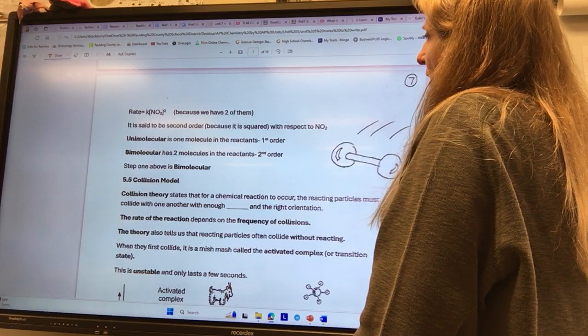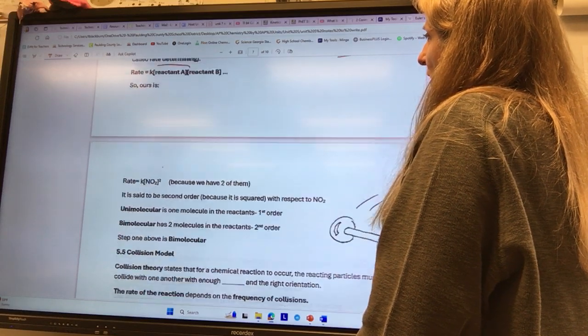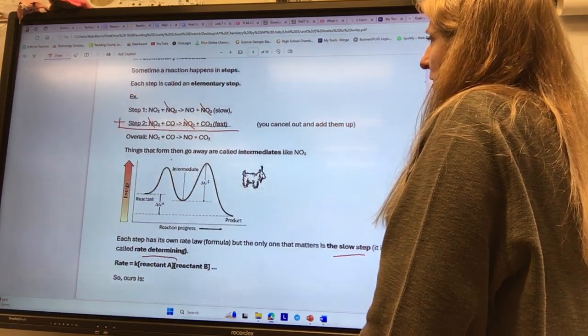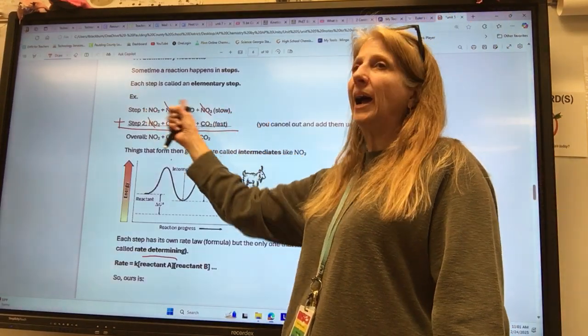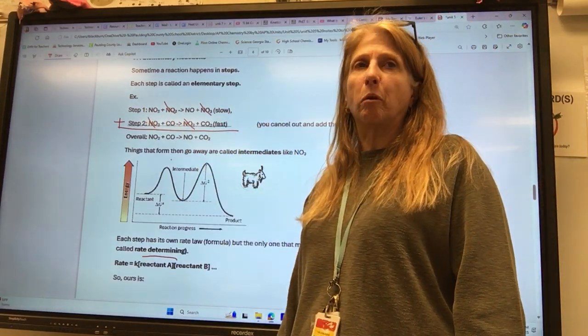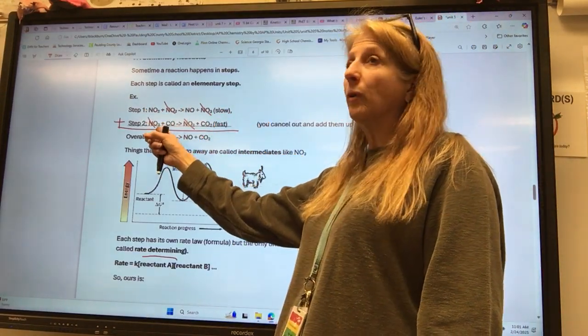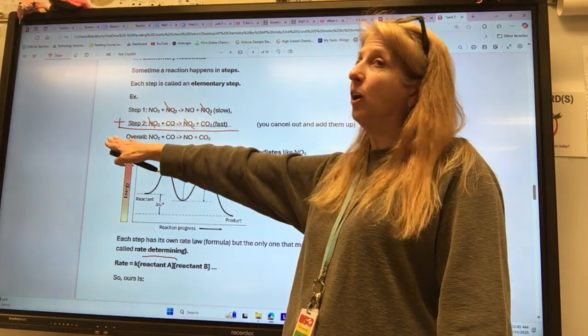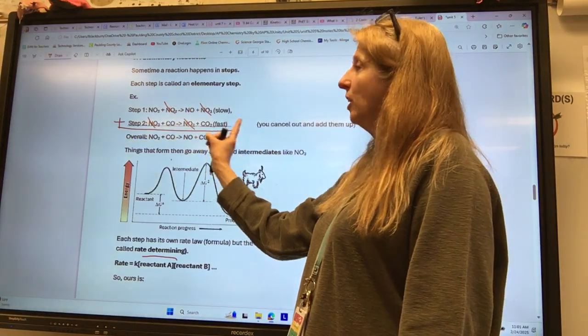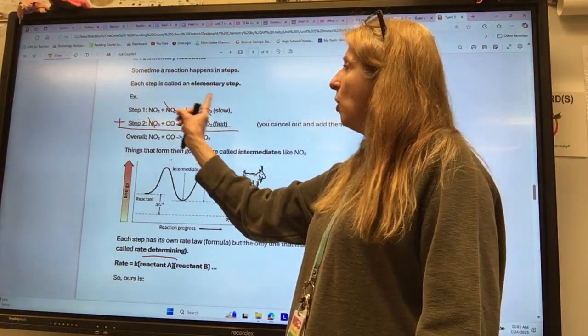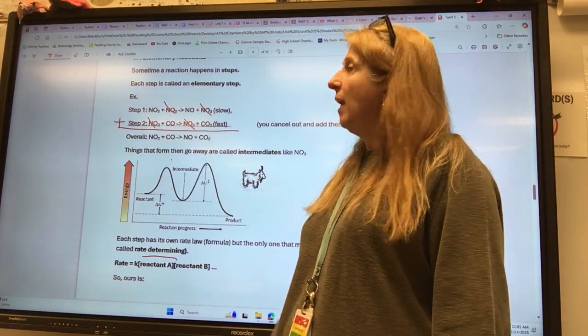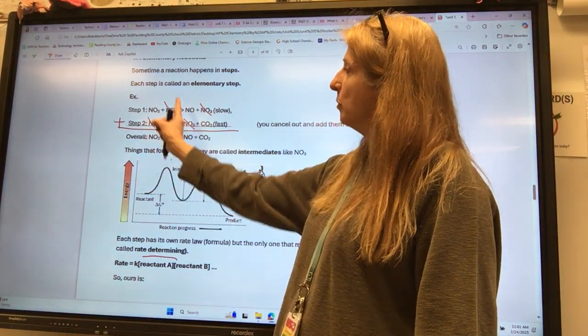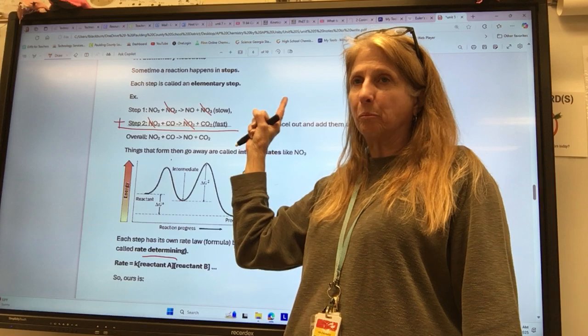So if you look back at our formula, look up here. The only one that matters is the slow step. So if I'm writing the rate formula, I don't look at the overall. I don't look at the fast step. I only look at the slow step. For my slow step, you only look at the reactants, not the products.